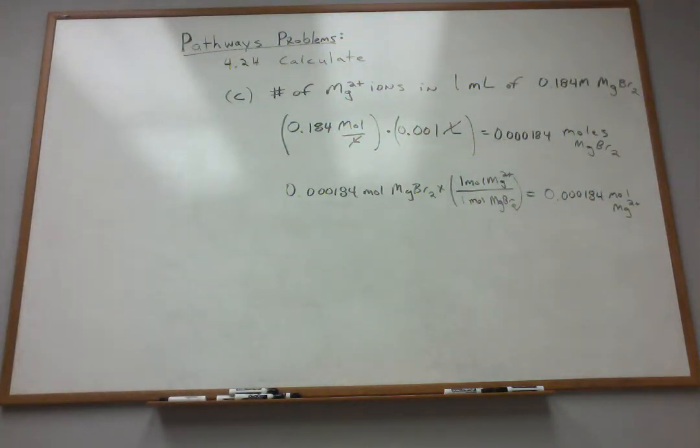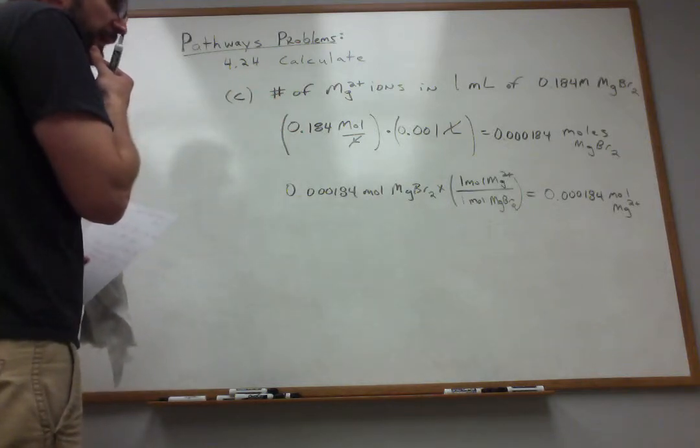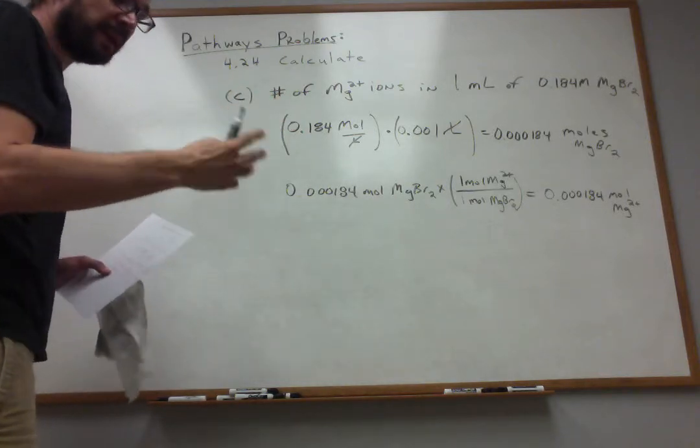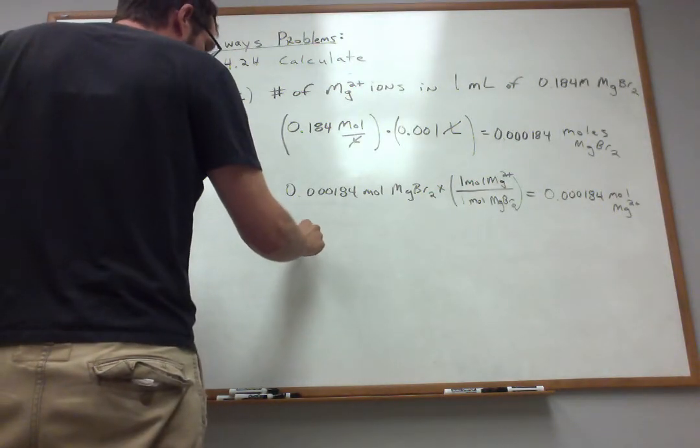So think about what I've computed right now and reflect upon it. I've now determined the moles of magnesium ions that are present in 1 milliliter of this fluid. Now, I wasn't asked how many moles of magnesium ions are present. I was asked how many if I were to count them. So hopefully you can see where we're going with this by now.